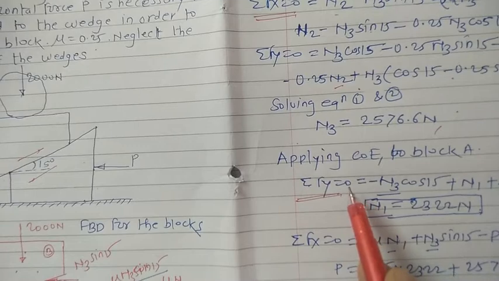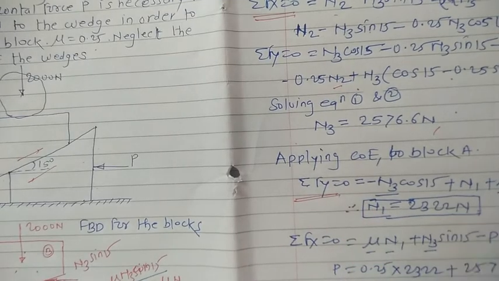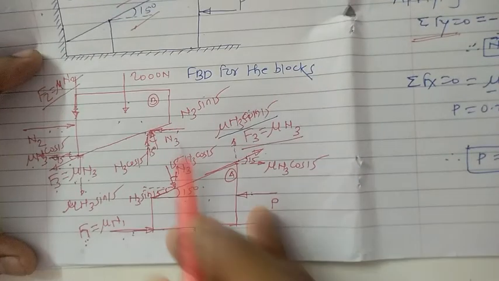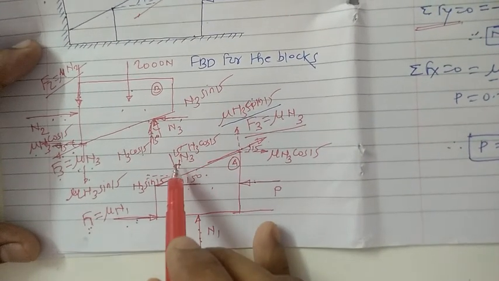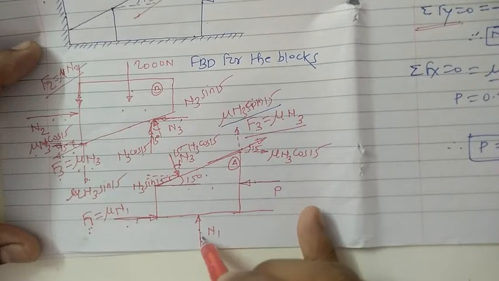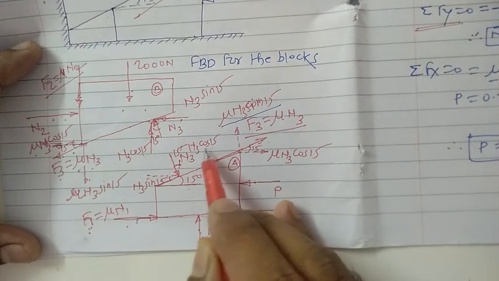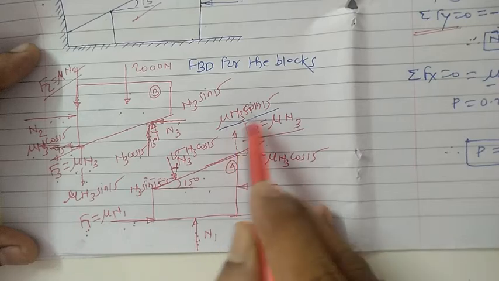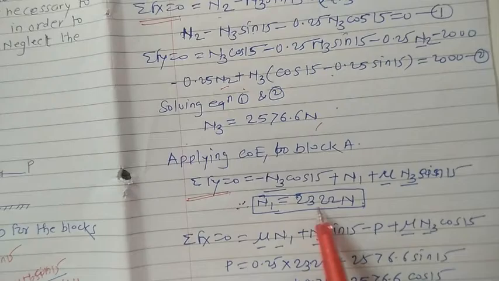As per our convenience, we can use this as the first equation. So here just focus on the vertically downward forces and upward forces, n1 with us, then n3 cos of 15 with us in the downward direction, this one with us mu into n3 cos of 15 vertically in the upward direction. So from this relation we can get the value for n1.